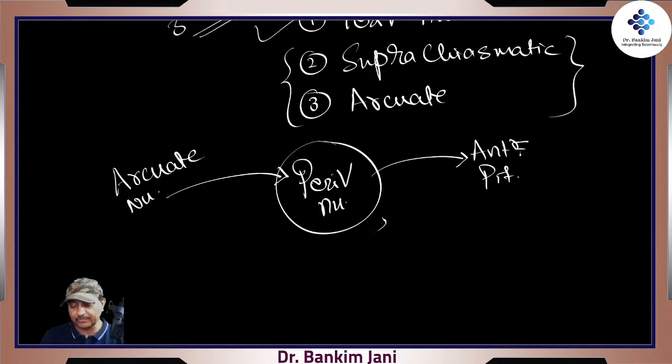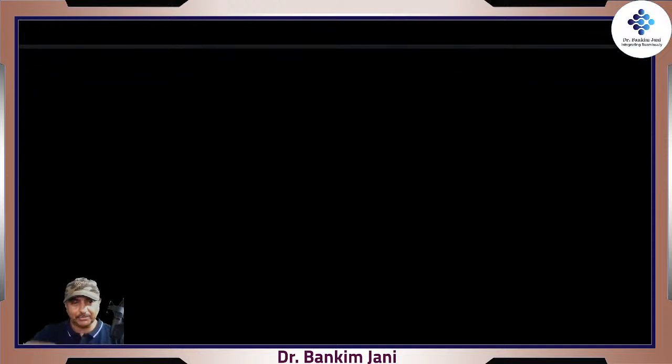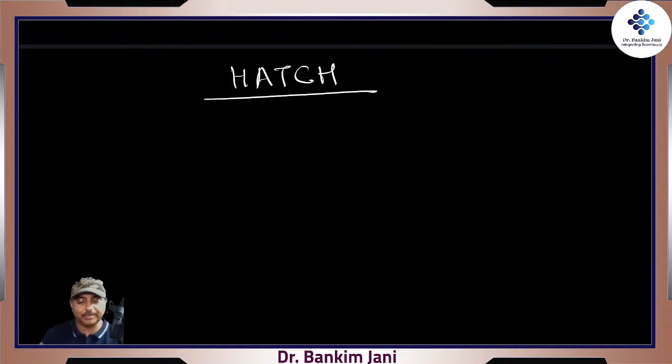Very interesting functions. By the way, I think you must remember, today I'll be giving you lots and lots of situations so that it would be much easier to remember. One thing you should remember: hatch. Hatching is when that egg breaks and that chick comes out, that sparrow or whatever hen.